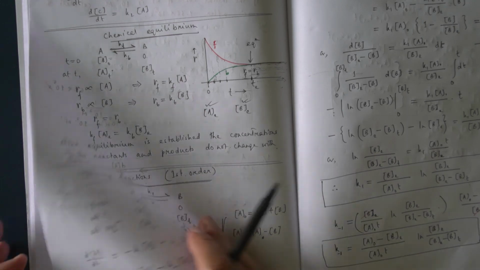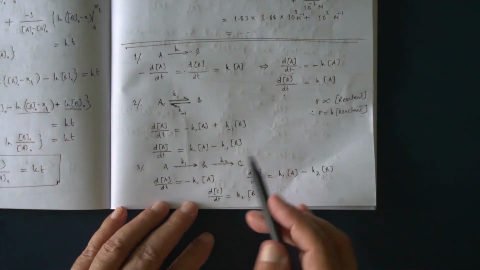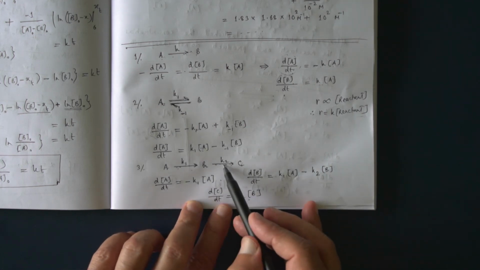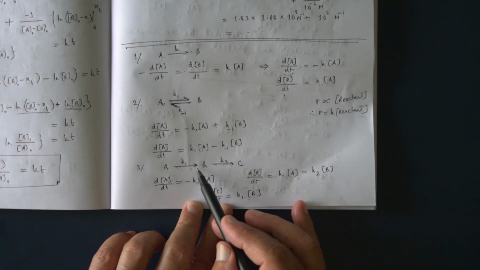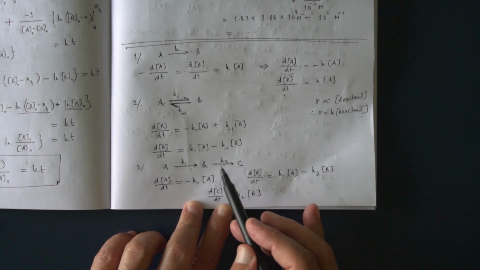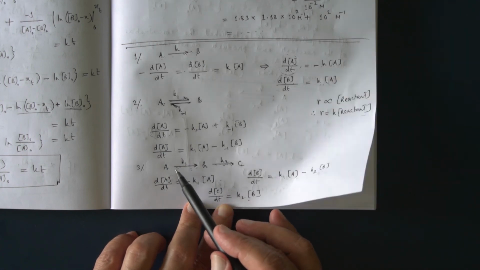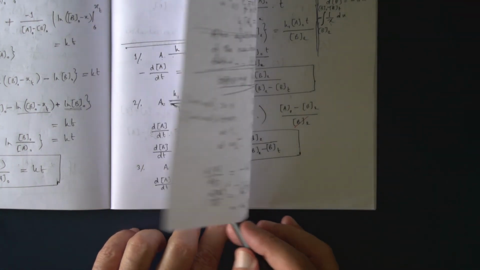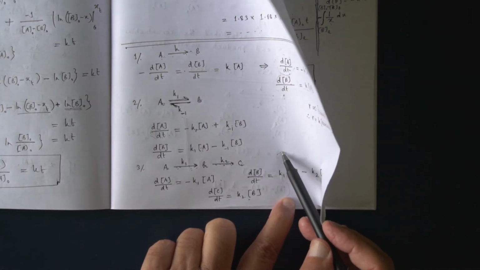Next, if we consider this type of reaction, this is called consecutive reaction. Next time we'll try to find out expressions for A, K1, K2 of consecutive reactions.